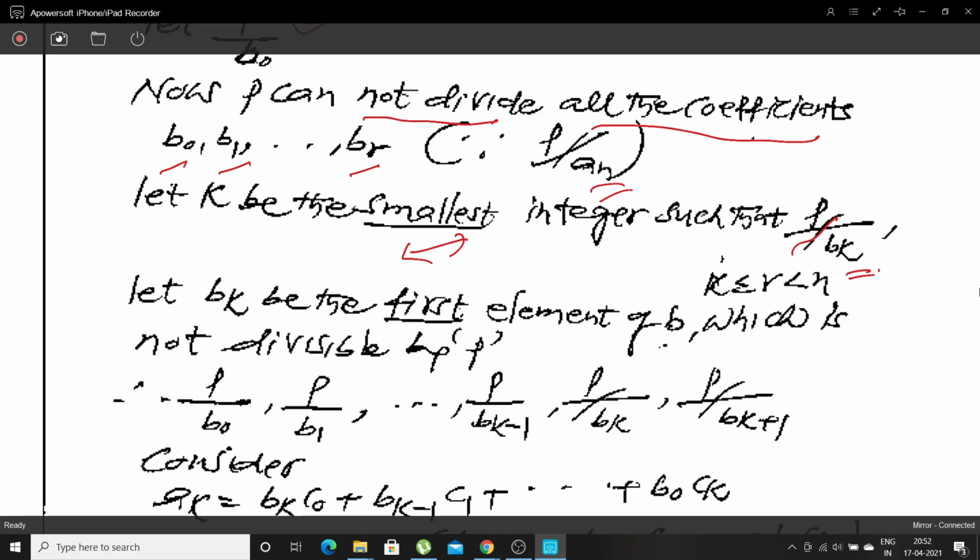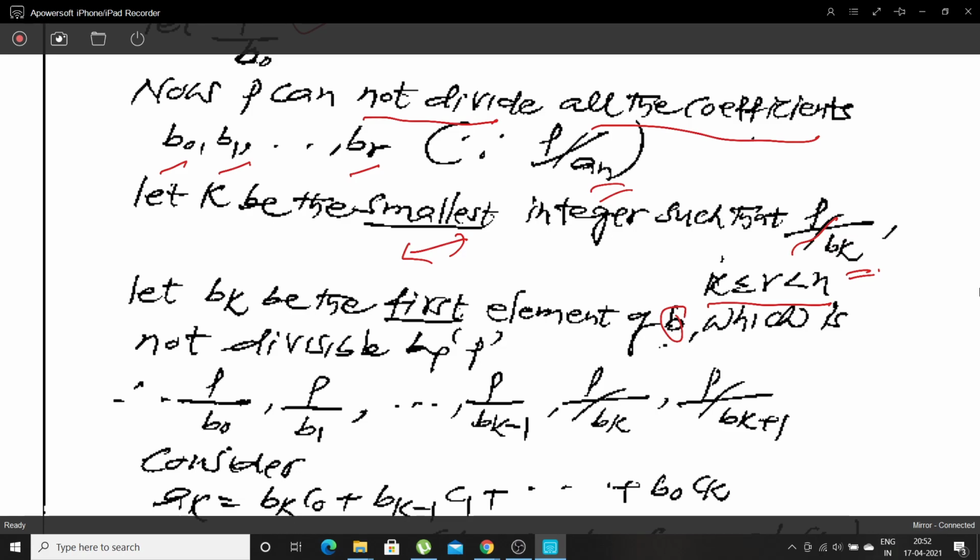Here r lies between k and n. Bk is the first element of the polynomial g of x. That means we have b0, b1, b2, b3 and so on.